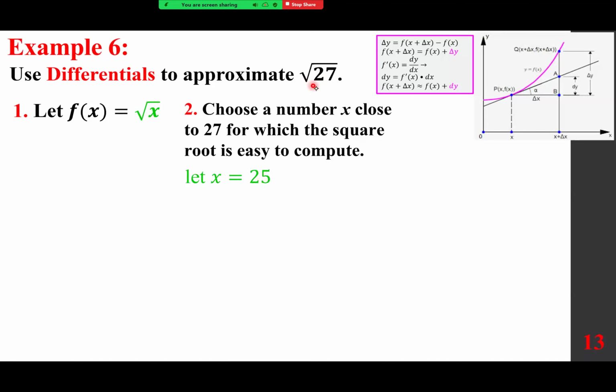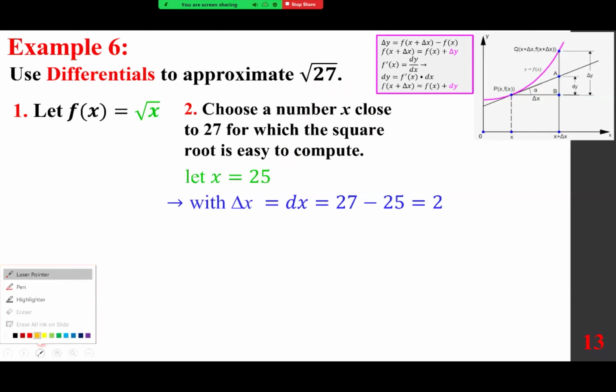Therefore, delta x is 27 minus 25, which is 2. So from where we are to where we want to end up. Again, to make sure we understand why this is positive 2, because you know the square root of 25 is 5, the square root of 27 with the positive delta x, whatever it is, is larger than 5.